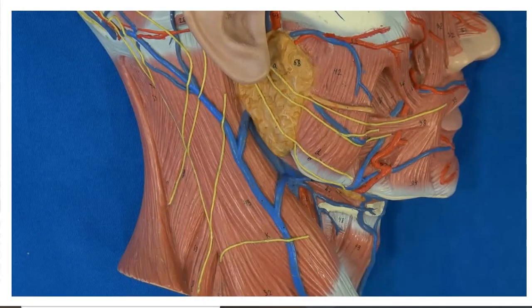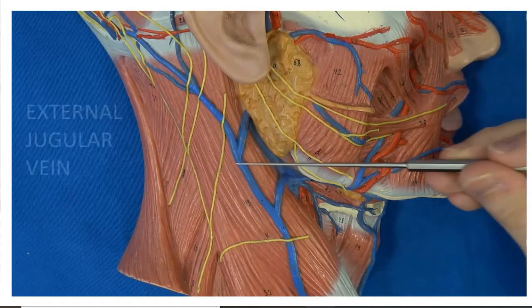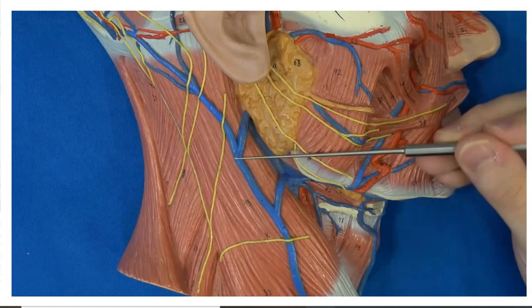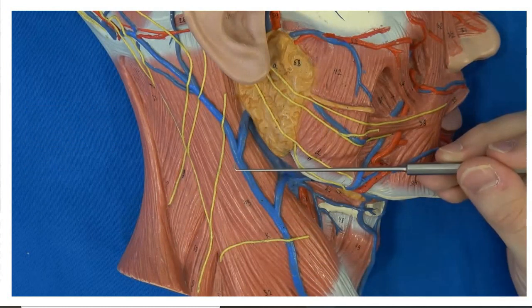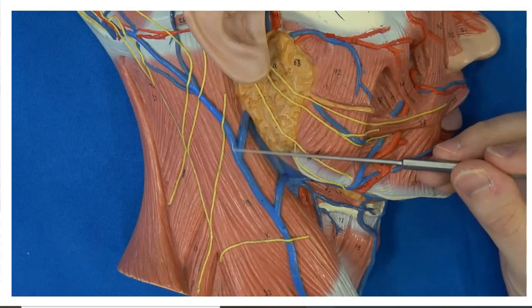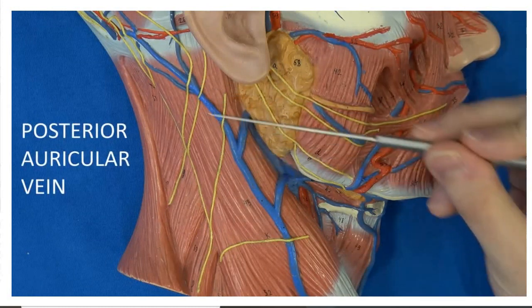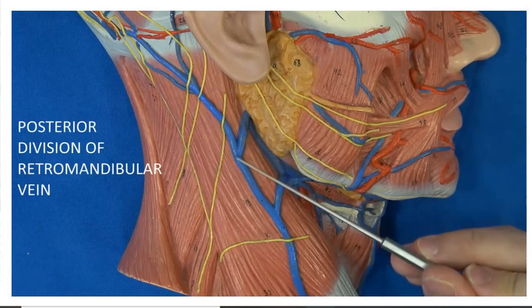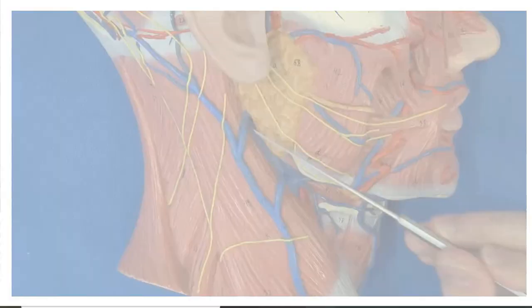Another blood vessel that we will mention is known as external jugular vein. It runs at lateral aspect of our neck. It begins as junction of posterior auricular vein and posterior division of retromandibular vein.